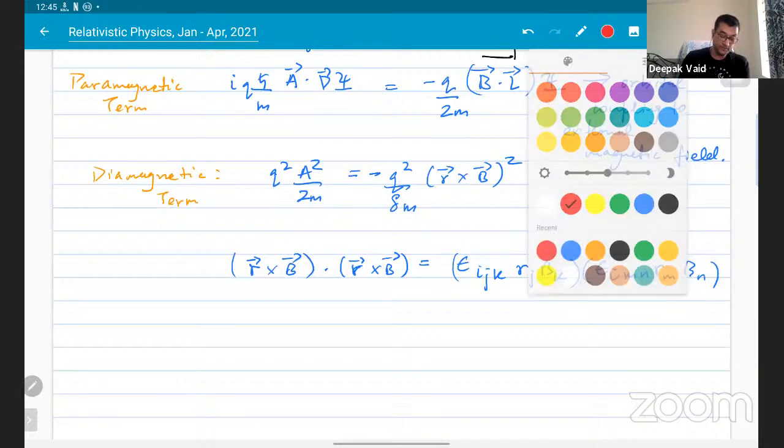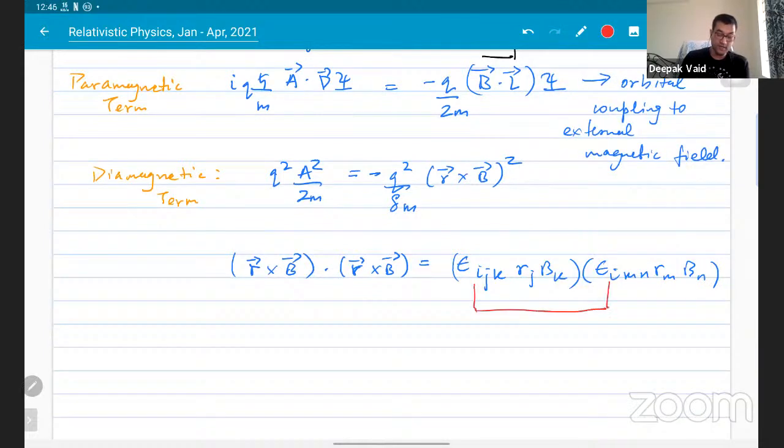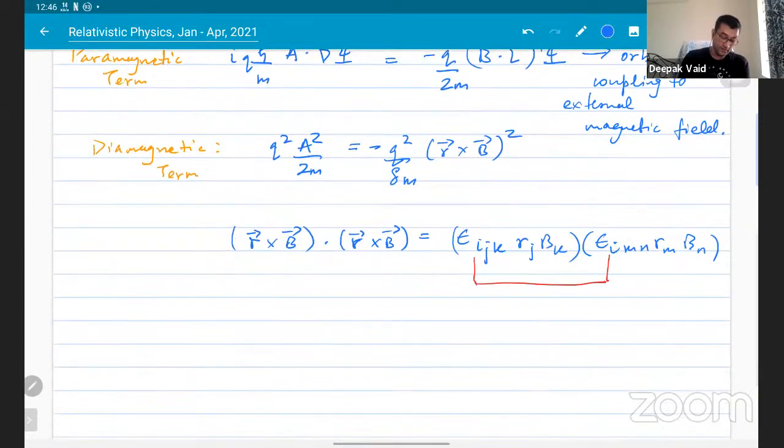And because there is a repeated i, that is what gives us the dot product. And so once again, we can write this as our constant, then delta mj, delta nk minus delta mk, delta nj. Now I think you might understand why I'm writing the indices on top and bottom. Otherwise, it will become confusing to see which index you are exchanging and which index you are keeping the same.